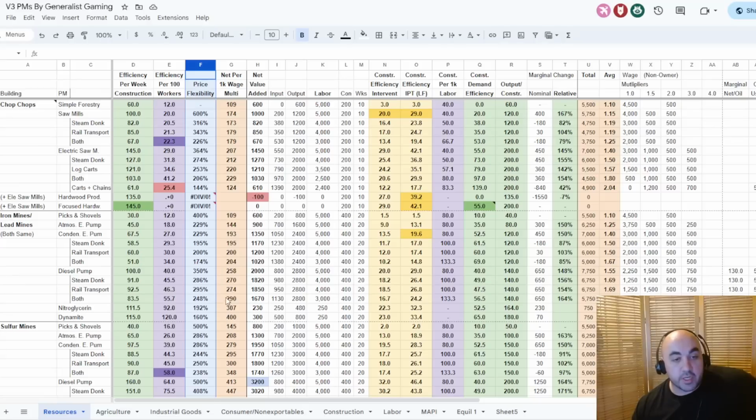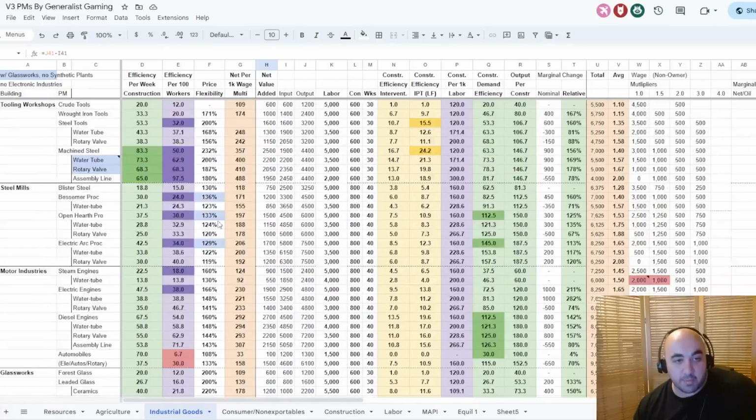Resource industries will tend to have a high price flexibility, and so the price will be able to stretch pretty far before it becomes unprofitable. And industrial goods, the prototypical example being steel, have really low efficiency, which is why you can never really collapse steel prices. If you try to bring steel prices really low, you're probably going to be overbuilding it because it doesn't have a lot of flexibility.